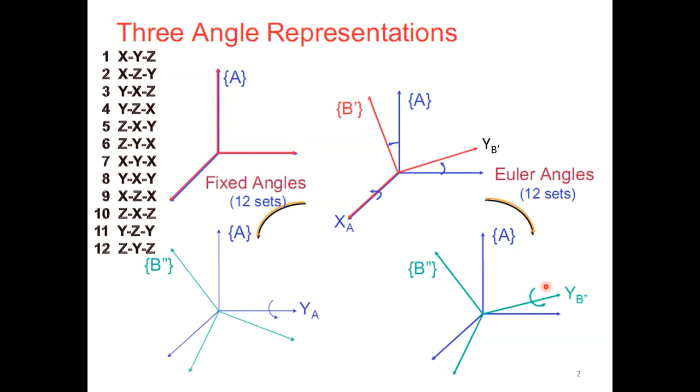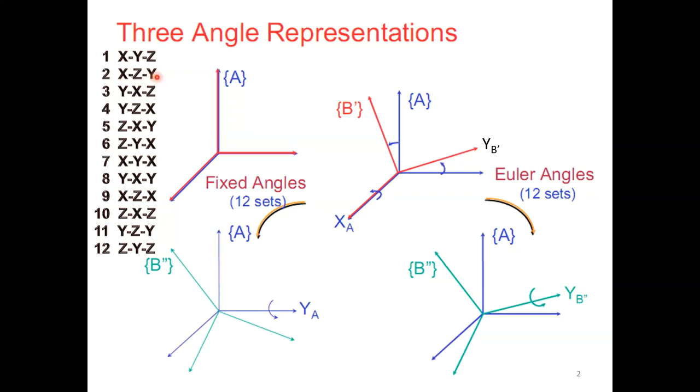The second thing I want to tell you is that when you describe your orientation using the three angles, there are so many different ways you can describe it. For example, you can say, I rotate around the x-axis first, then the y-axis, then the z-axis. That is one sequence. Or else you can say, I first rotate around x, then around z, then around y.